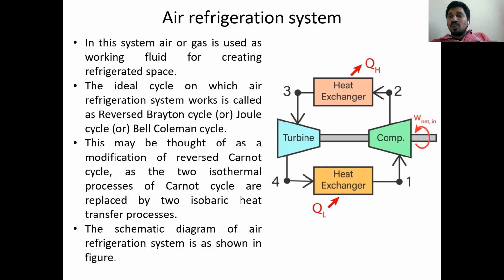So with low temperature and pressure, the air enters the heat exchanger, which is connected to the room. Automatically, because of the temperature difference, heat will be supplied from the room to the heat exchanger, to the refrigerator or system. So the room space temperature decreases, because heat is removed and supplied to the system.